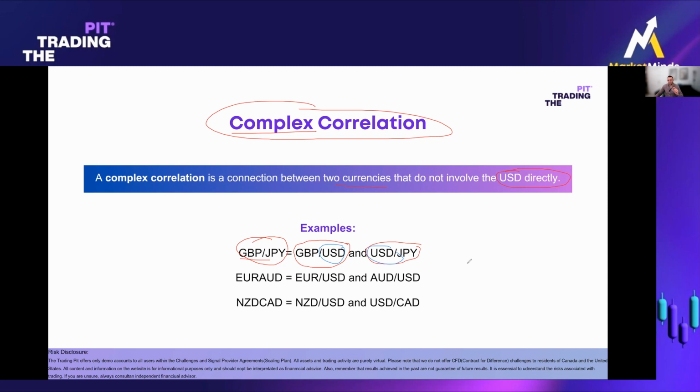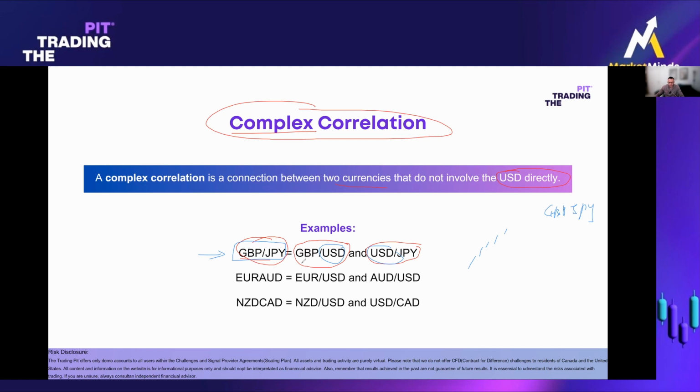So when you see the price on the chart, the price of the pound, Great British Pound, Japanese yen, and I just chose this one to give more emphasis on that. It's because it's here at the trading pit, one among the most tradable currency pairs from you, our traders.